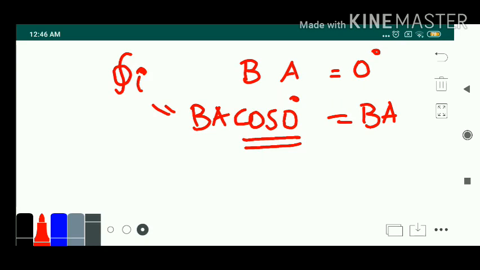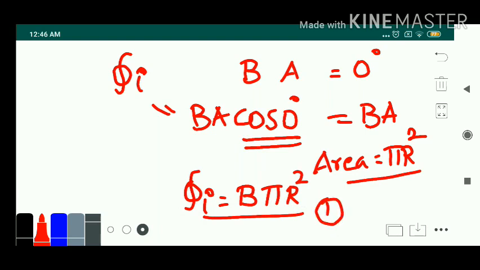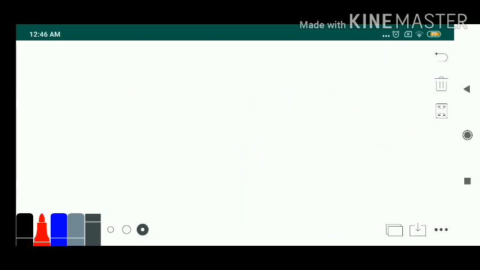Now what is the area of a coil here? It is πr². I hope you know, it's a circle. So φ initial I'm going to write as Bπr². Keep it as the first equation. Now I'm going for the next one, guys, that is the final.